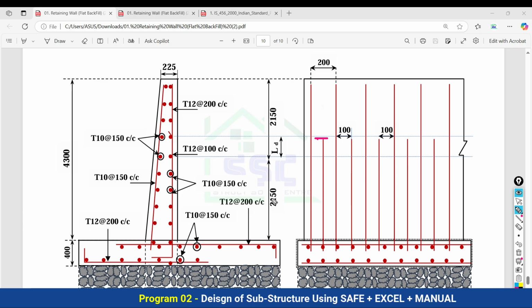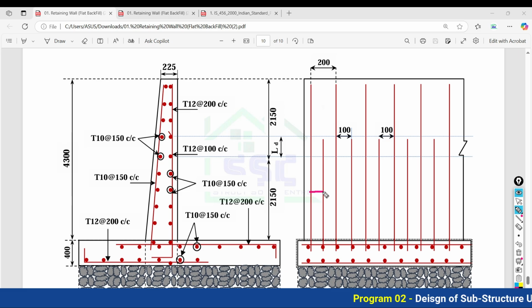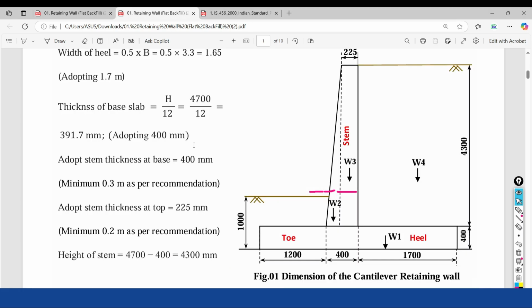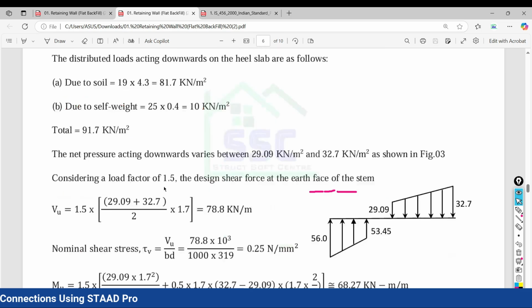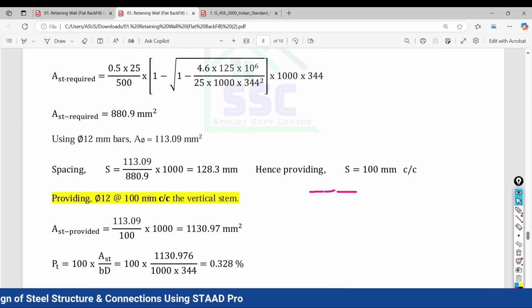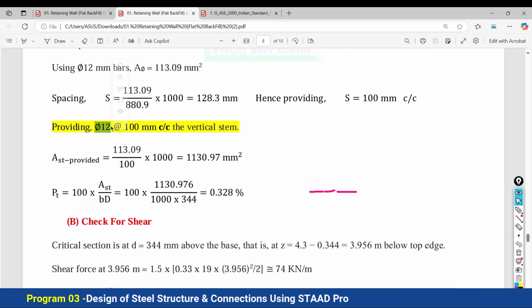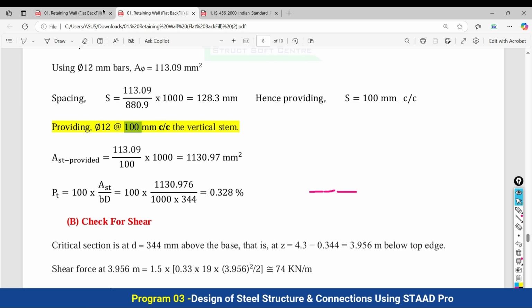For this height, we are going to provide the spacing as per the demand, 100 mm center to center. When you see the design for the vertical stem, the reinforcement demand was 12 mm diameter bar at 100 mm center to center.